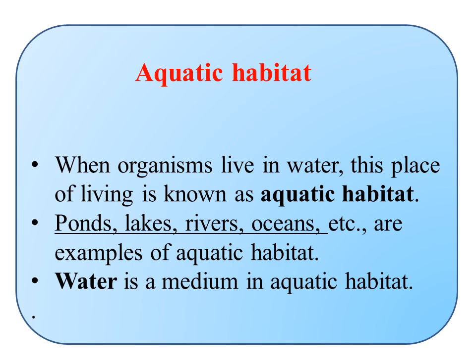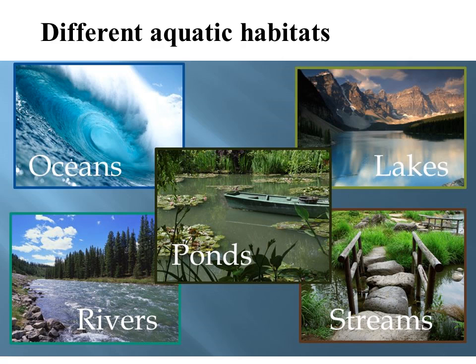This is the main reason that aquatic organisms live there. And what are the different types of aquatic habitats? Ponds, lakes, rivers, oceans, etc. These are examples of aquatic habitat. And what is the main medium of aquatic habitat? That is water. So there are different aquatic habitats such as oceans, lakes, ponds, rivers, streams.